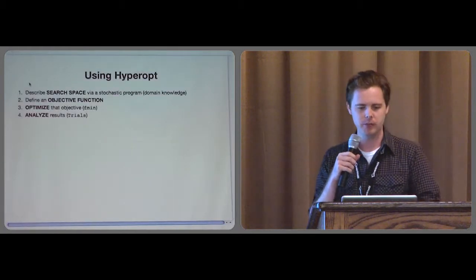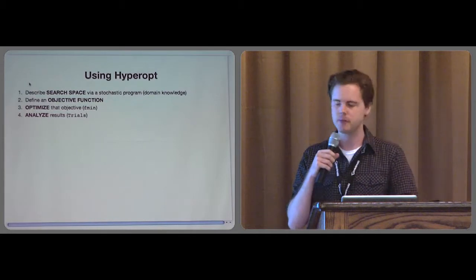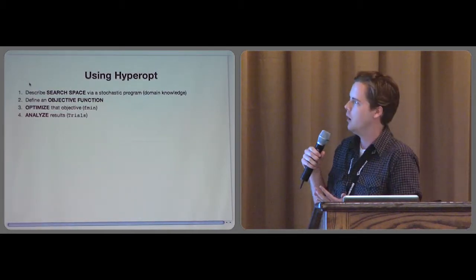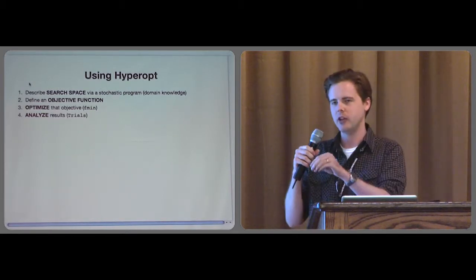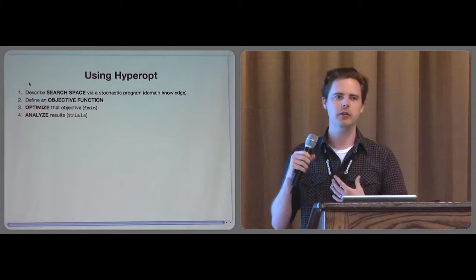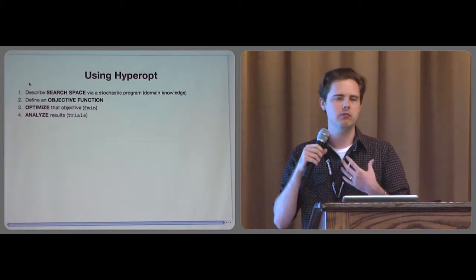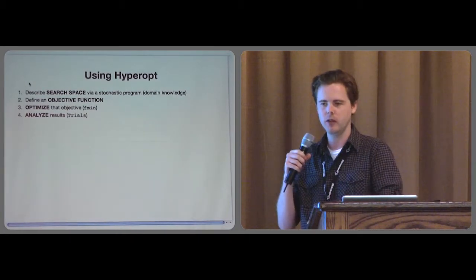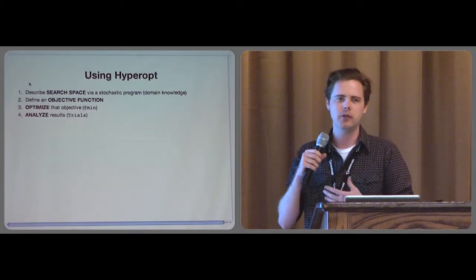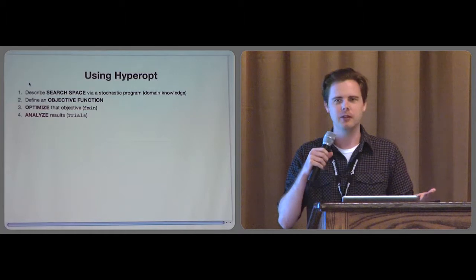So how do you actually use Hyperopt? You have to describe a search space, as in what's the domain that we're searching. An objective function is going to assign scores to the points in your search space. When you're trying to tune machine learning systems, you might take the accuracy on a validation set. If you're trying to optimize different kinds of objectives, that's fine too.